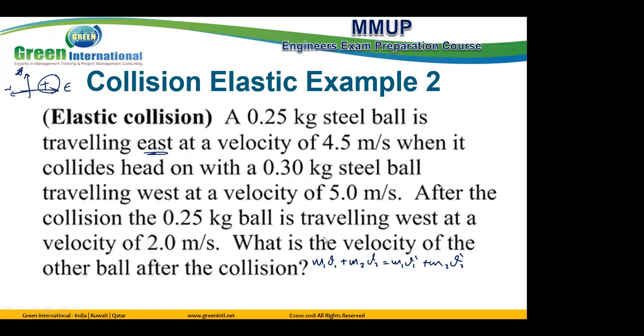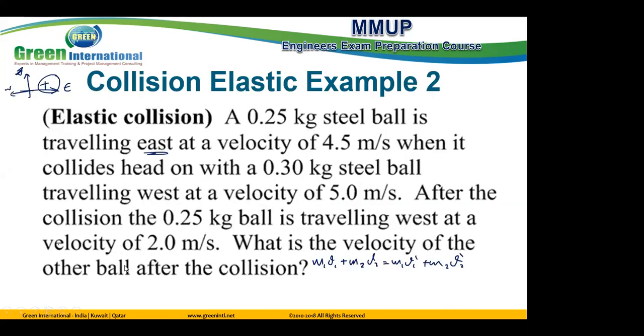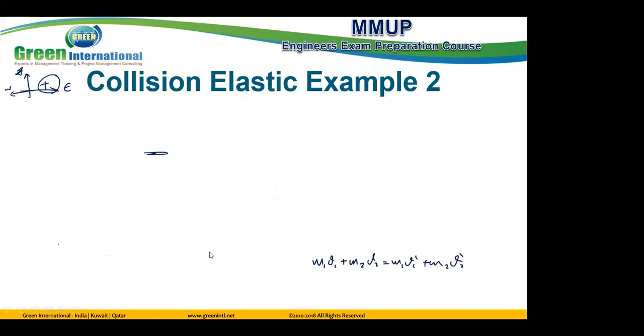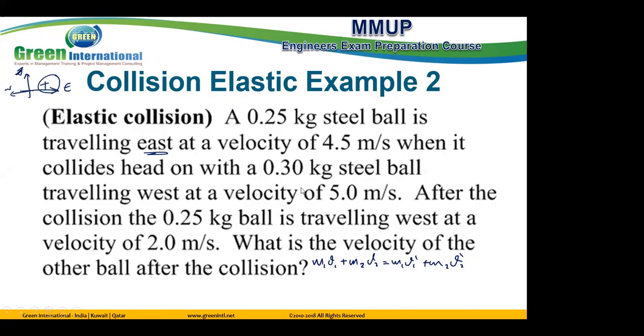What's M1? 0.25. Velocity 1 is 4.5. East or west?